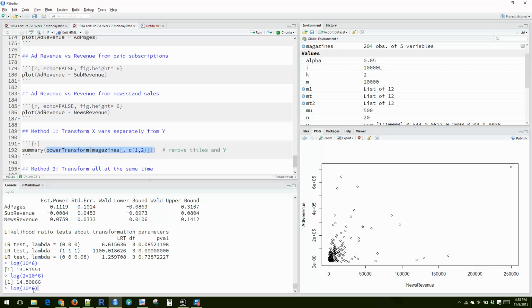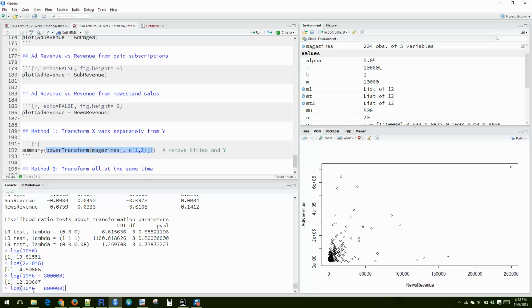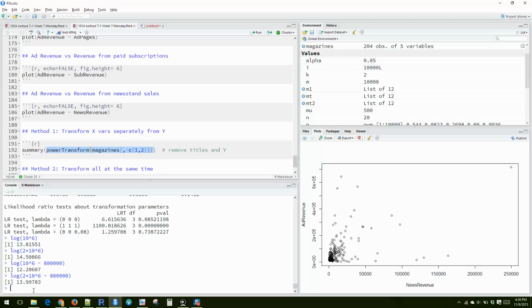Whereas, obviously, if I subtracted 800,000 from 1 million, that's 200,000, and I do 2 million minus 800,000. Well, in this case, maybe I should subtract off more, like 950,000.